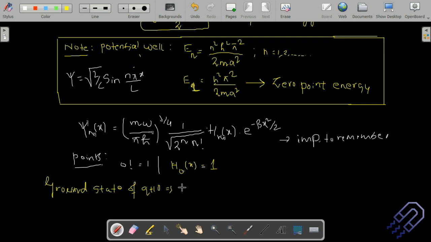Very important. It's very simple. Psi 0 of x, the ground state, is equal to m omega divided by pi h cross, the whole thing to the power 1 by 4, into 2 to the power 0 which is 1, factorial 0 is 1, so this becomes 1, H0 of x is again 1, so this will be just this term, e to the power minus beta x square divided by 2.